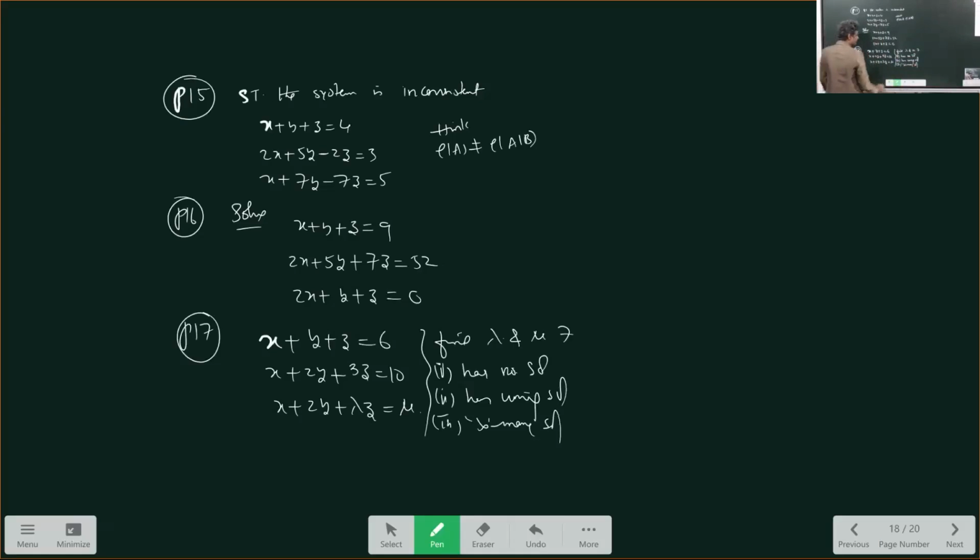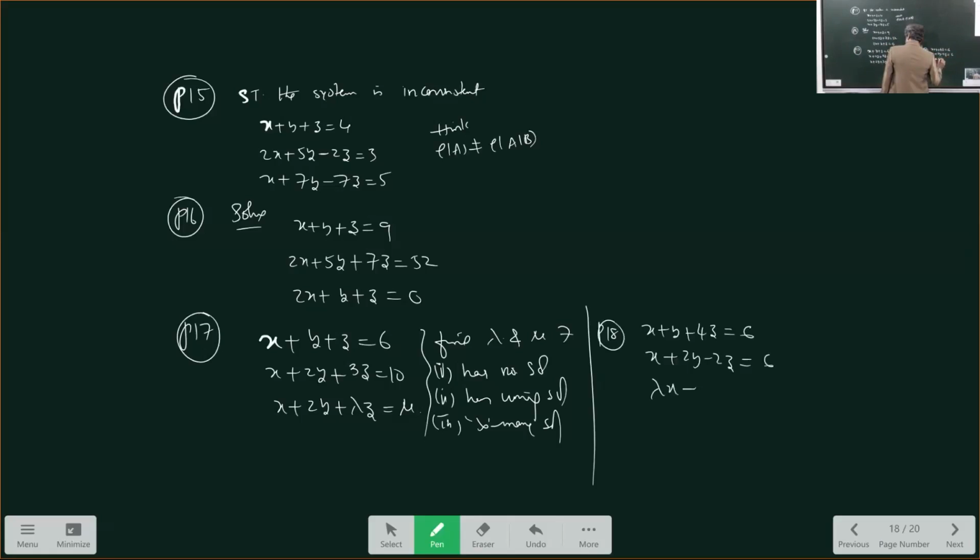So similar to this, I can give another problem, P18. x plus y plus 4z is equal to 6, x plus 2y minus 2z is equal to 6, lambda x plus y plus z is equal to 6.